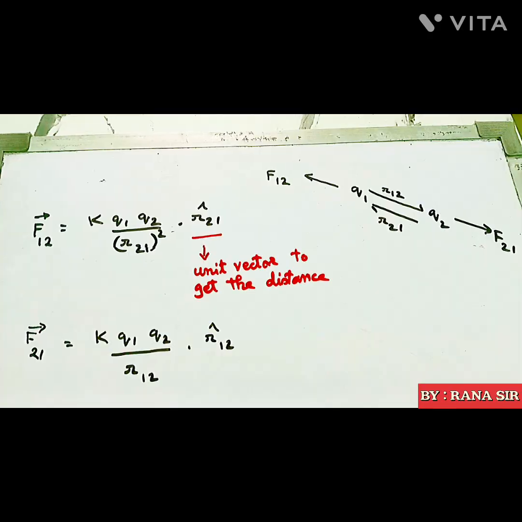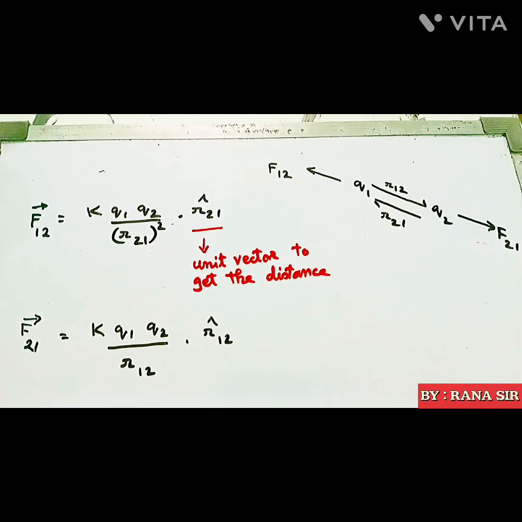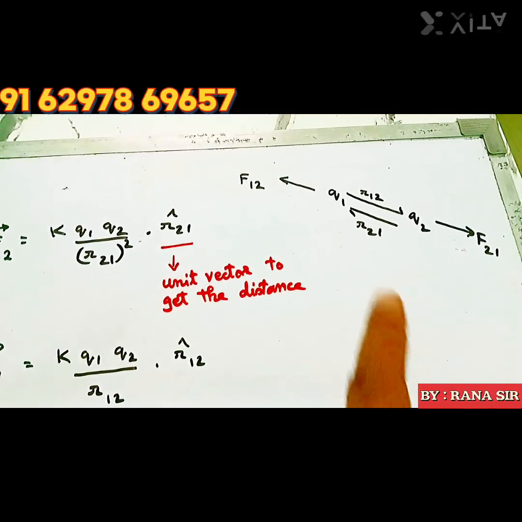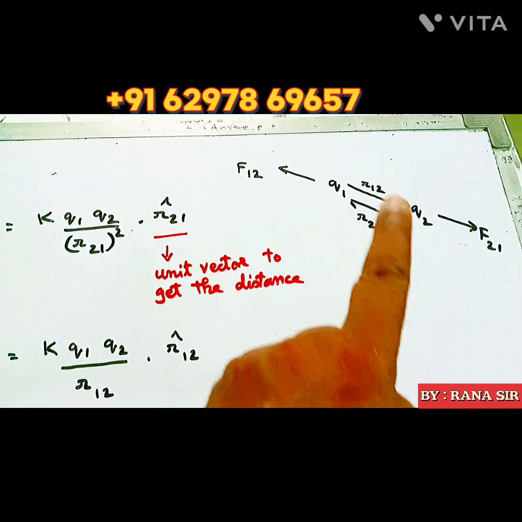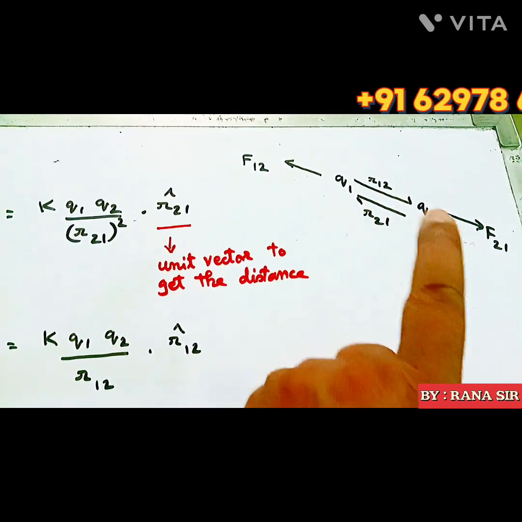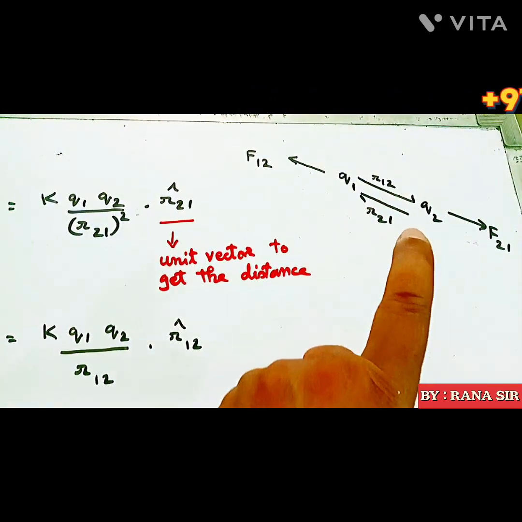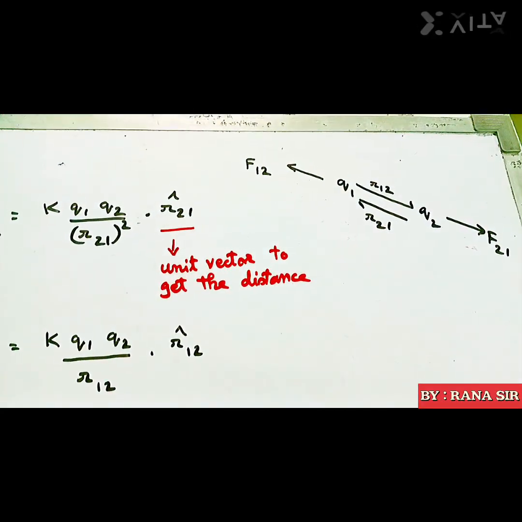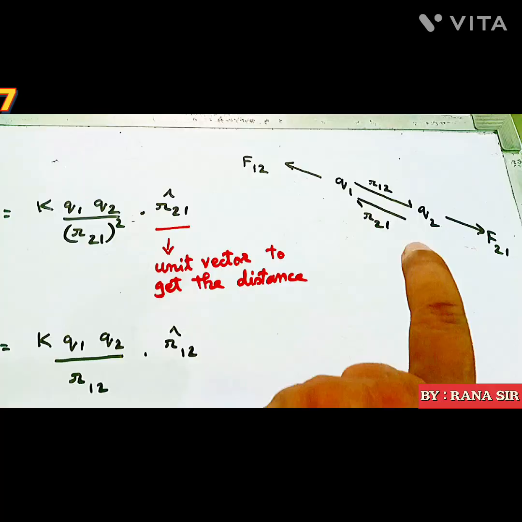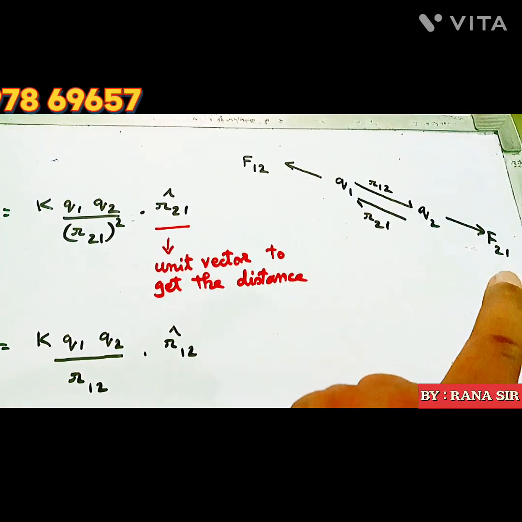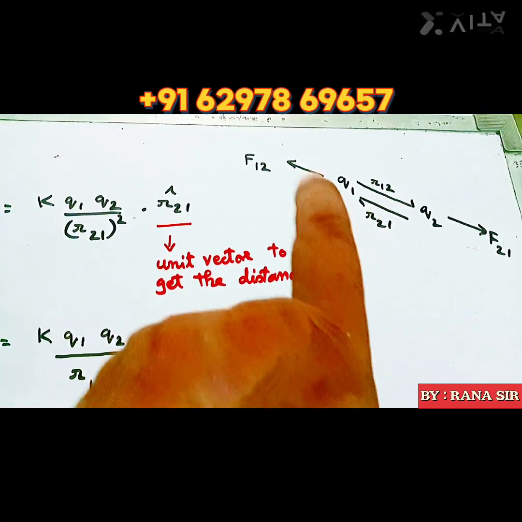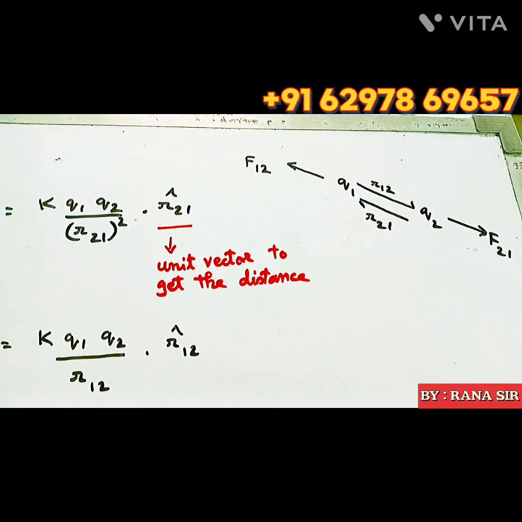So let us sum up what we have learned so far. We have two vectors with magnitude and direction. There are two charges, and the distance from Q1 to Q2 is R12 and from Q2 to Q1 is R21. The force on charge 2 is F21, and the force on charge Q1 is F12.